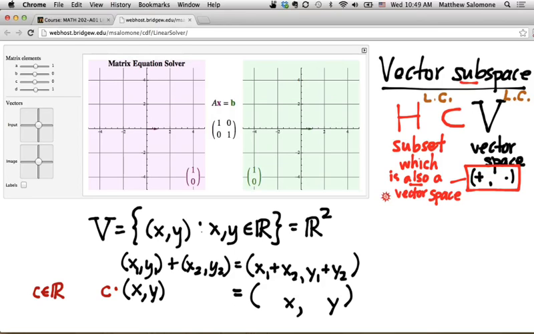Again, component-wise. So c times x, comma c times y. So all in all, all we've done here is define addition and scalar multiplication.